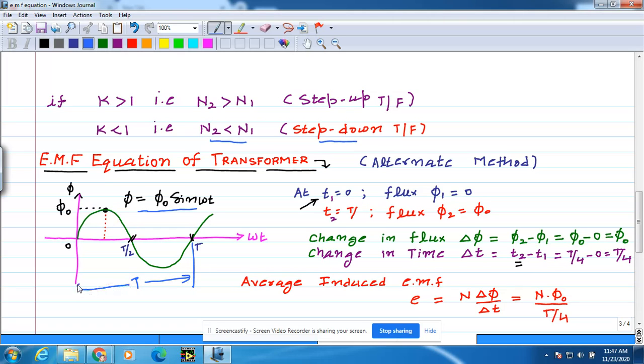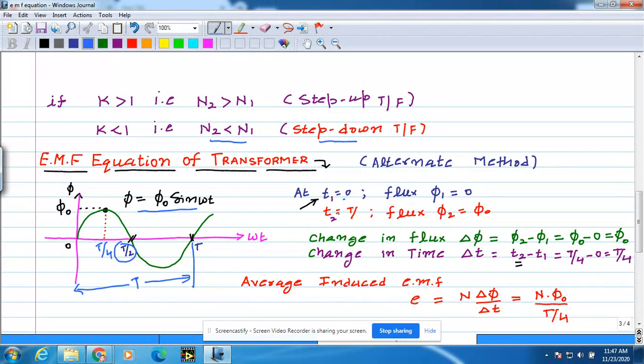Now in a half cycle it becomes T by 2. In a quarter cycle it becomes how much? This becomes T by 4. Clear? Now we consider t1 equal to 0.